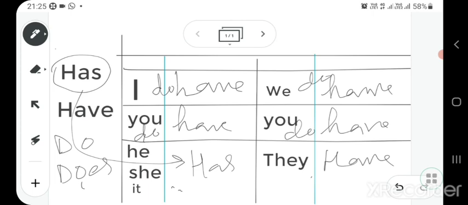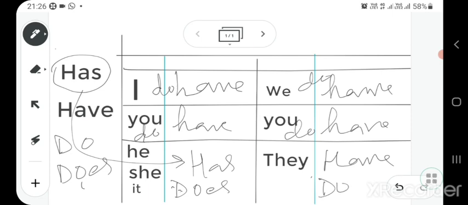But does always comes with he, she and it, where has is there we always put a does. But when the third person is not singular, when it is a plural, then again we will use do.